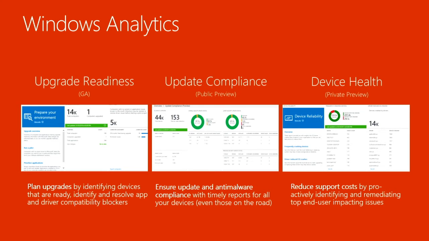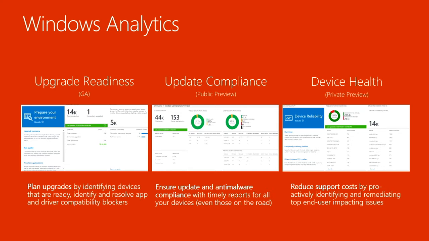The first solution helps you inventory all of your devices, your apps, drivers, Office add-ins, and even IE site discovery. And I'll show you some of this in a few minutes. It helps you rationalize and analyze all of this to get to the upgrade readiness of moving to a newer version of Windows.